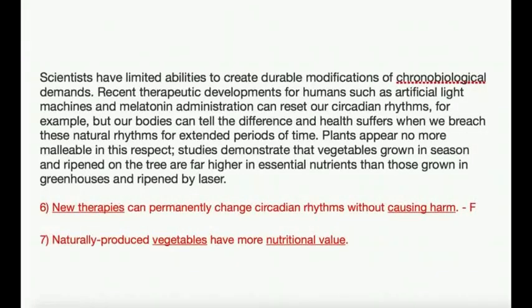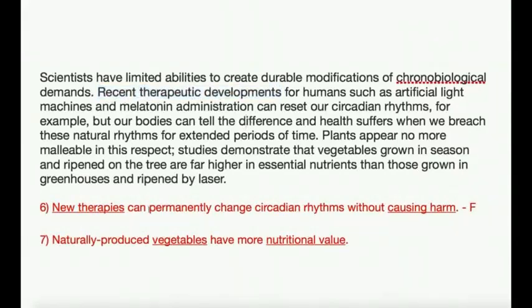What looking at that question highlights again with regards to IELTS reading true, false, not given questions, or any reading questions, is the importance of synonyms. We can see by looking at the statement that different words or phrases are actually used in the text. So here we have new therapies, but in the text they have recent therapeutic developments.